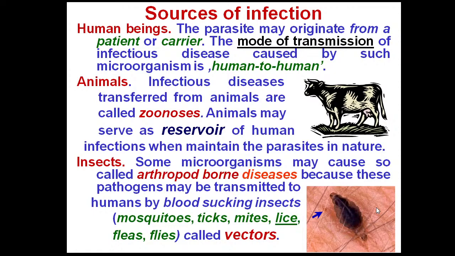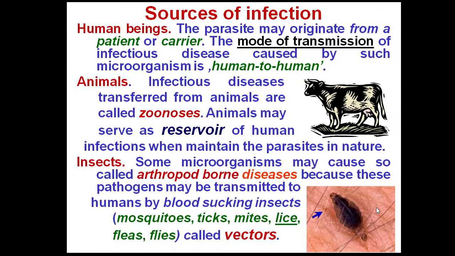Usually, the carriers spread the typhoid fever because they carry the Salmonella bacilli in the gallbladder and excrete them with the stool. So the mode of transmission of infectious disease caused by such microorganisms is called human to human. These diseases can also be referred to as anthroponotic infections.